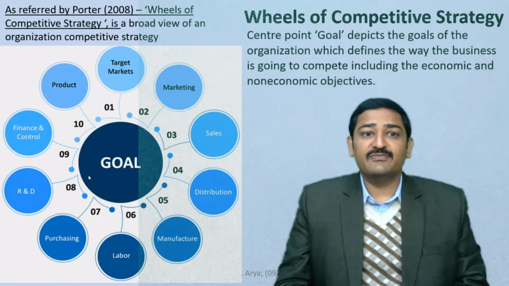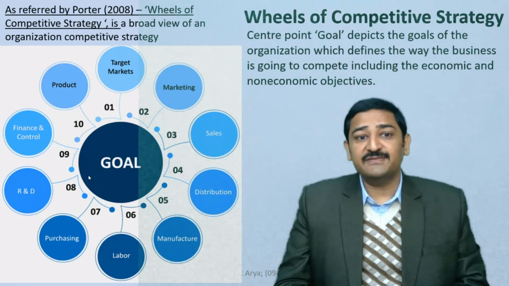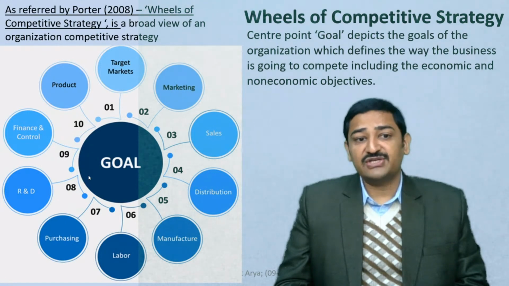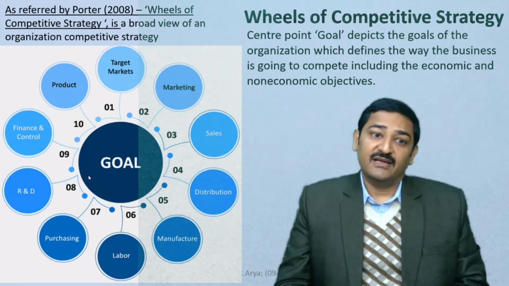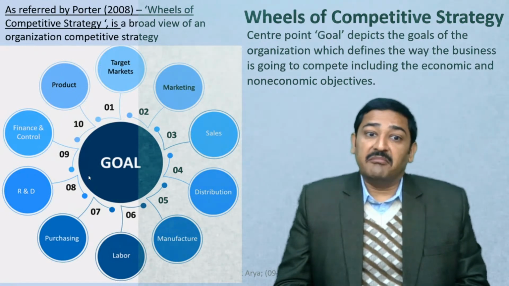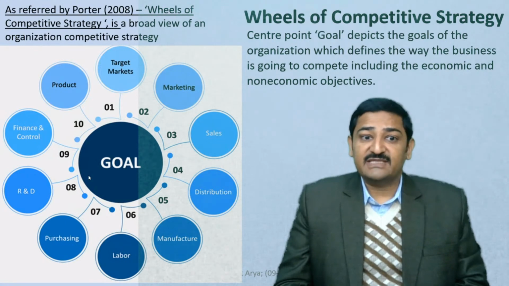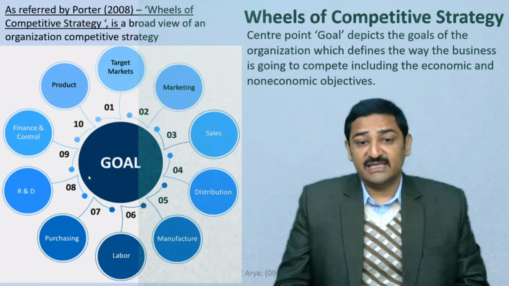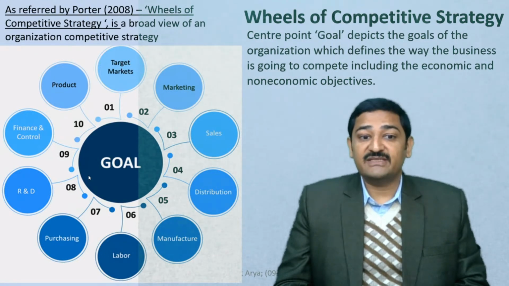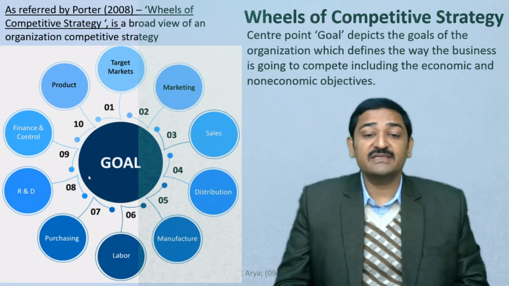It is also known as a broader view of an organization's competitive strategy, where at the center you can see the goal of the organization, which is aligned with around 10 such areas. It may include target markets, the marketing of the firm with respect to the products, including goods and services, the sales force, the way the sales will be initiated, specific policies to address sales-related issues, and the distribution channel partners.